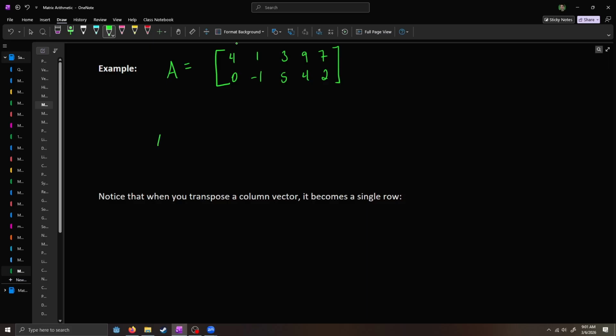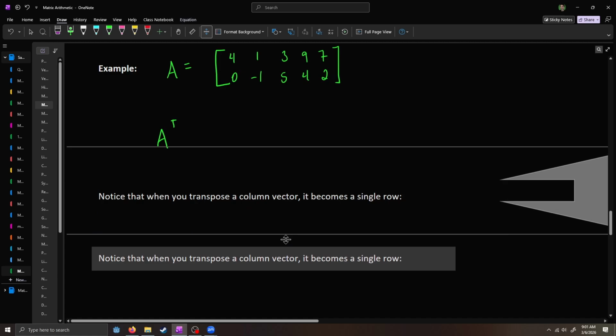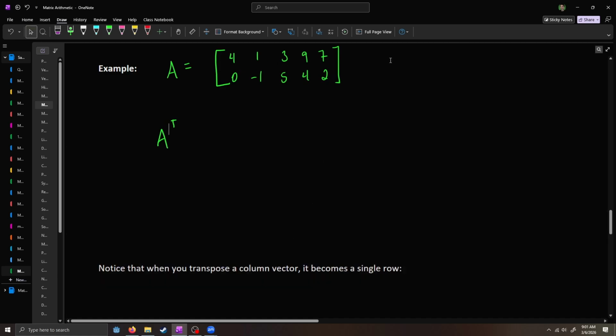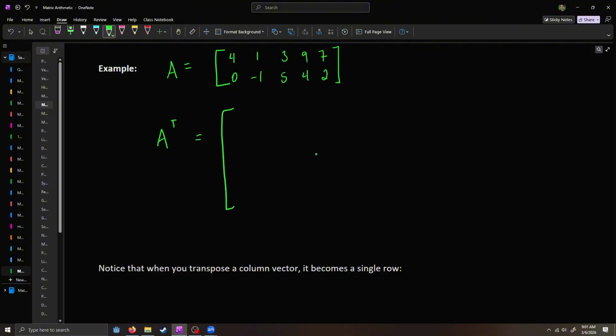When we calculate the transpose of the matrix, all that we're going to do is take this first row and turn it into a column. And then we're going to take this second row and turn it into a column. So A transpose is going to have as its first column the values 4, 1, 3, 9, 7, and as its second column the values 0, -1, 5, 4, 2.